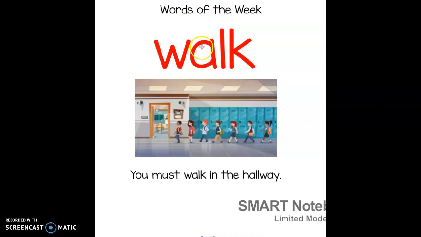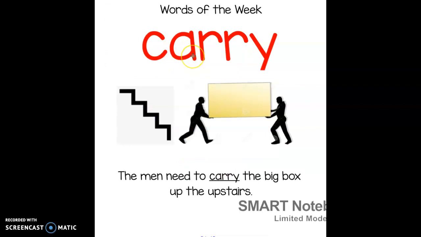The next word, walk. Fingers up, walk. W-A-L-K, walk. Again, walk. W-A-L-K, walk. Eyes closed, walk. W-A-L-K, walk. You must walk in the hallway. Next word is carry.